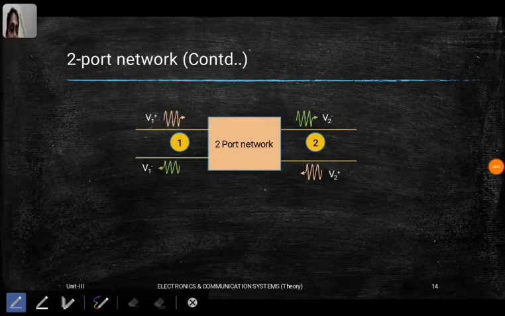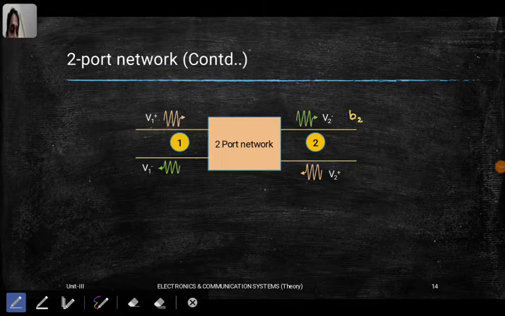So here V2 minus can also be written as B2, and V1 minus as B1, the reflected voltage, the B coefficients. The incident is the A coefficient: this can be written as A2 and this as A1.